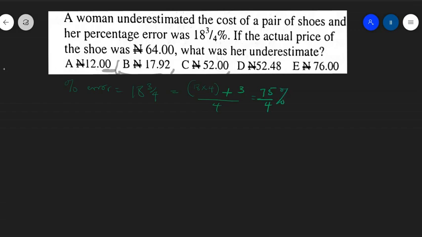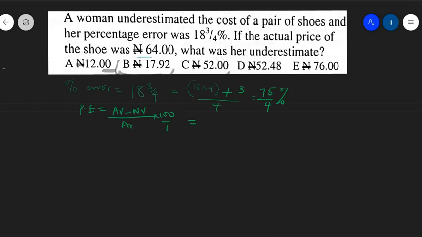So 75/4%. Now we can remember our percentage error is equal to the actual value minus the wrong value, which is the estimated value, over the actual value times 100/1. In this case, the actual value we know is 64.